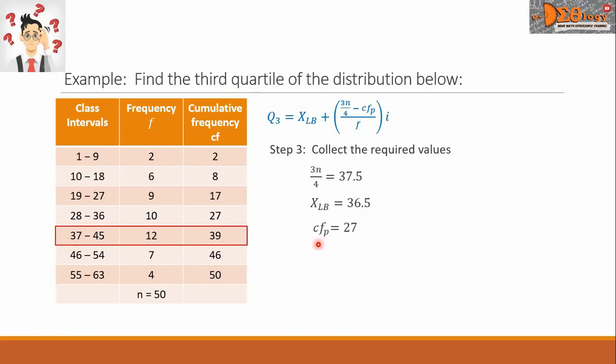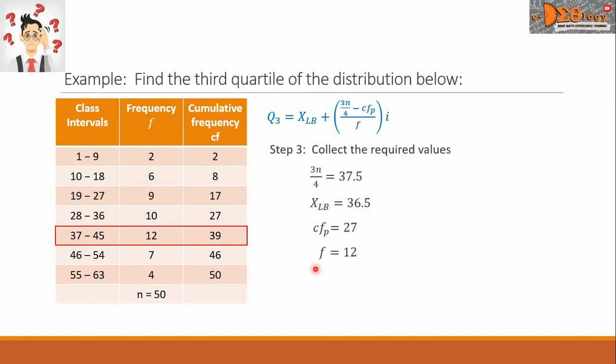The CF sub P is the cumulative frequency of the preceding class. Here, the CF of the third quartile class is 39 and the preceding value is 27. So we write here 27.